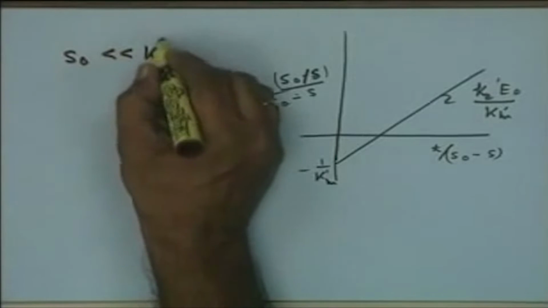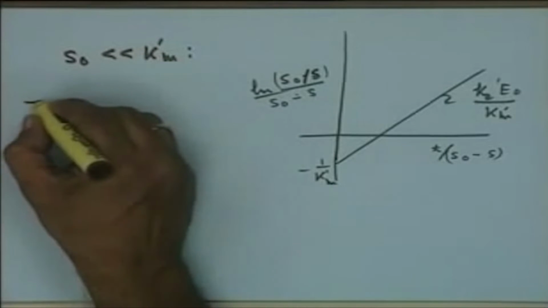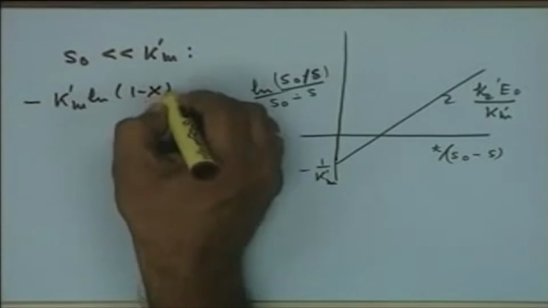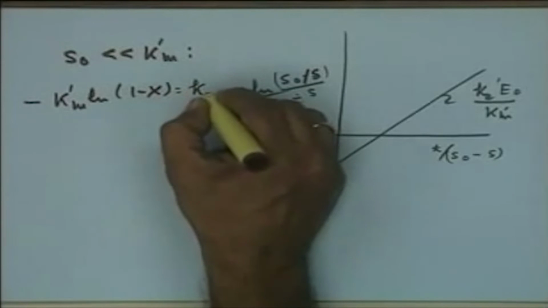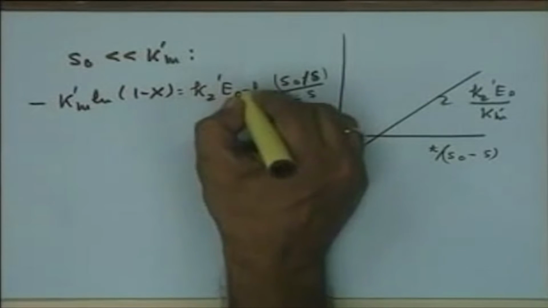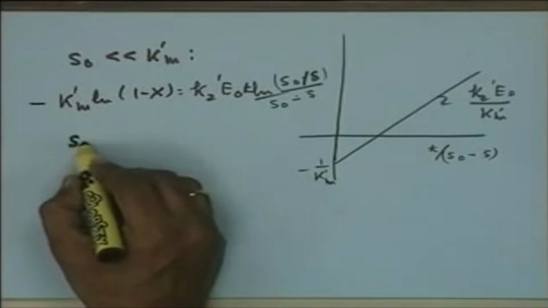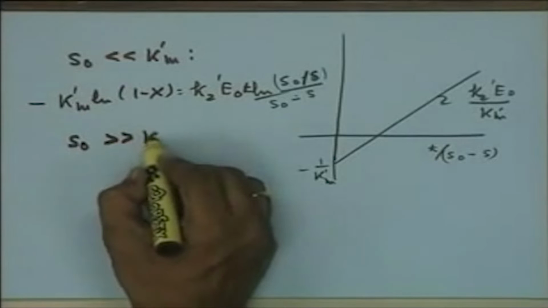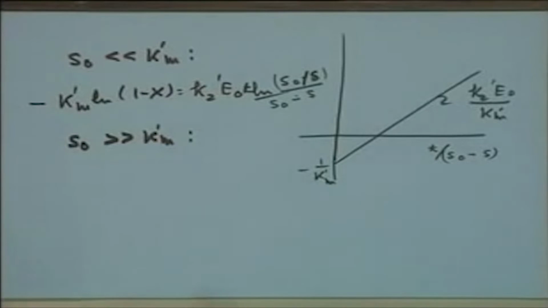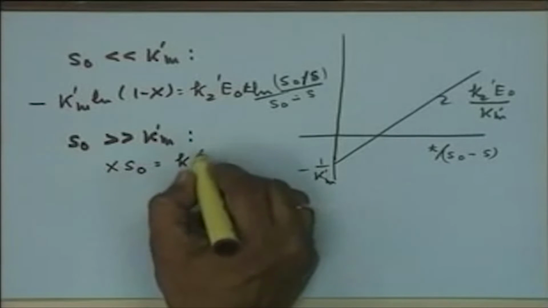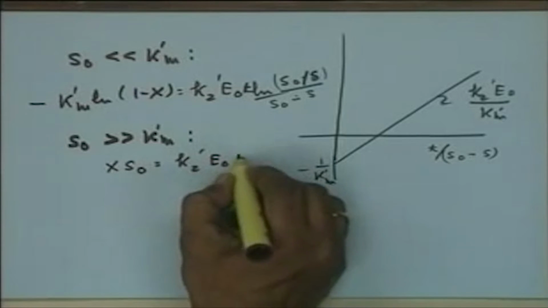Similarly, when substrate concentration is much smaller than Km, your reactor performance becomes minus K dash m ln(1 minus x) equal to K2 dash E naught into T, and when S naught is much greater than K dash m, that is your 0 order enzyme, x S naught is equal to K2 dash E naught into T.